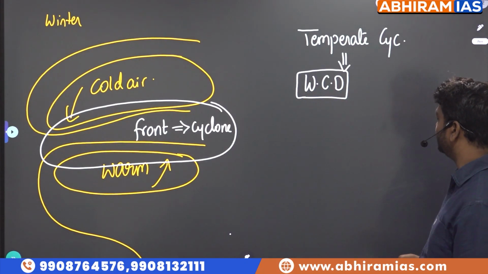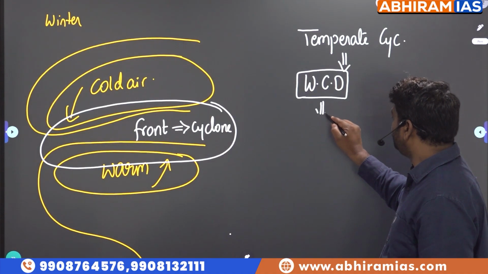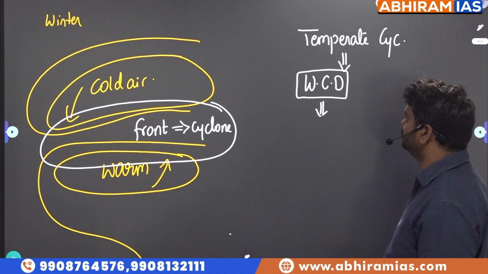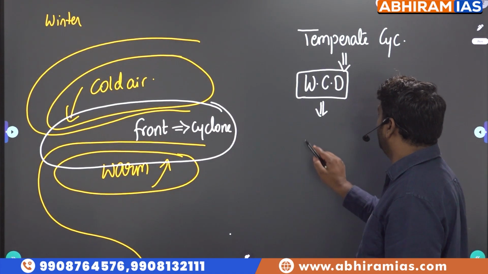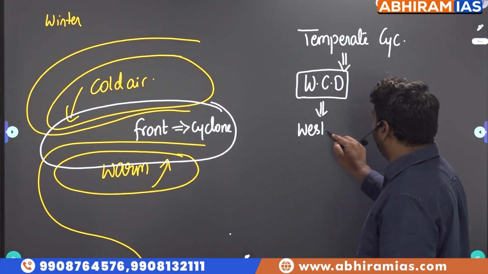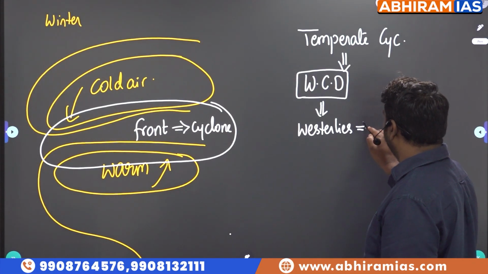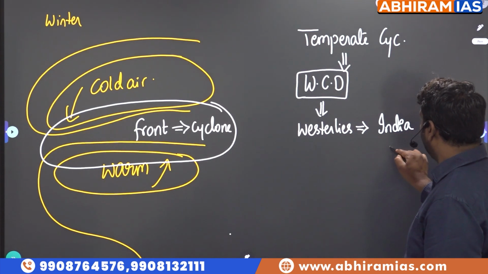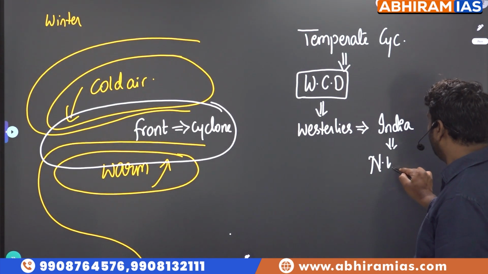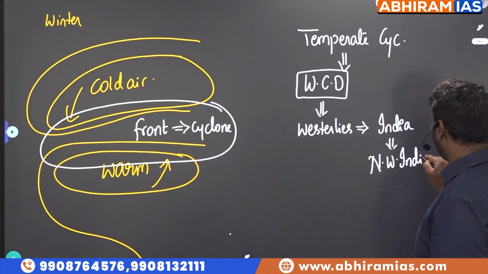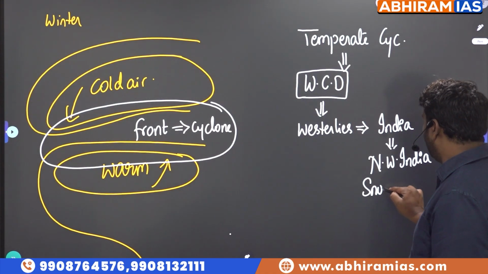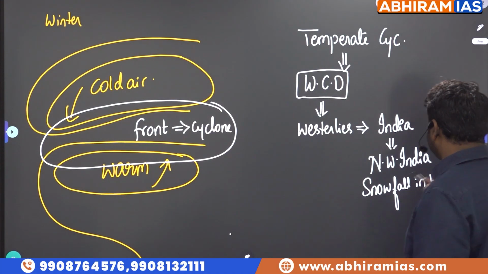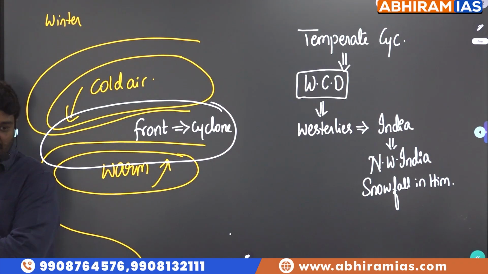Western cyclonic disturbances. Westerlies will push them towards India. And which part of India gets rainfall? Northwest India gets rainfall, and snowfall is given to Himalayas. This is important.